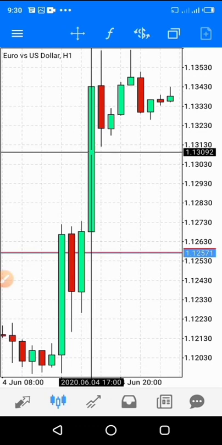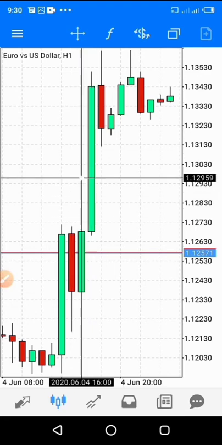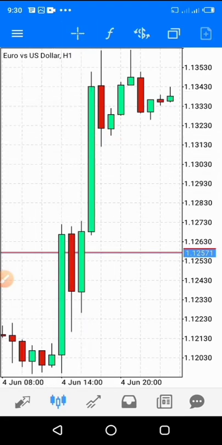Basically there are just two types of tails. We can have a long upper tail. Let me set an example.